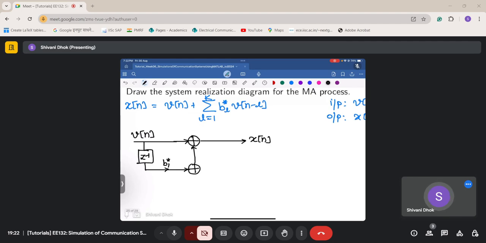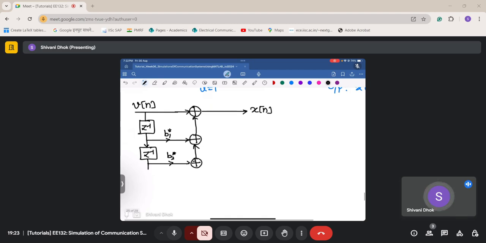But we have k such terms. So then we'll have another delay block. Then that will get multiplied by B2 conjugate. That again will get added here. Now similarly, we'll have to repeat this thing k times.